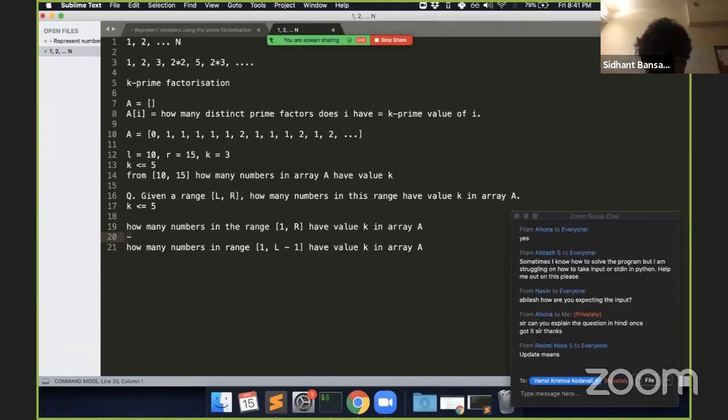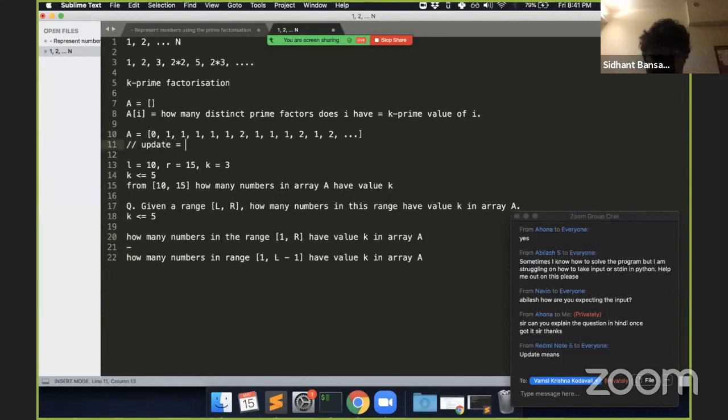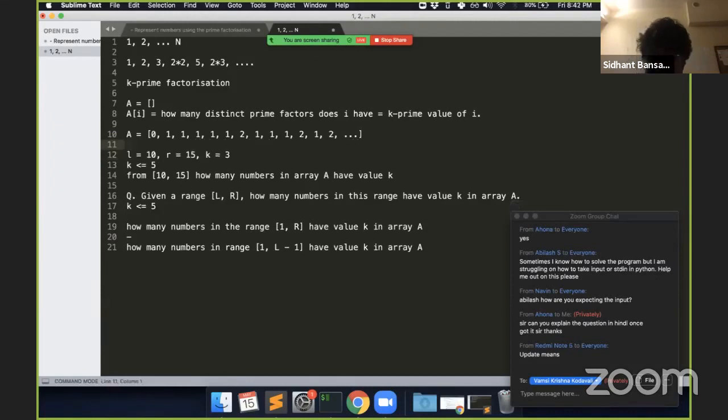Segment trees are generally used when there are updates, basically when values in the array are being changed. So update means values in array A are being changed. If there are no updates, then generally you can find something simpler than segment trees.